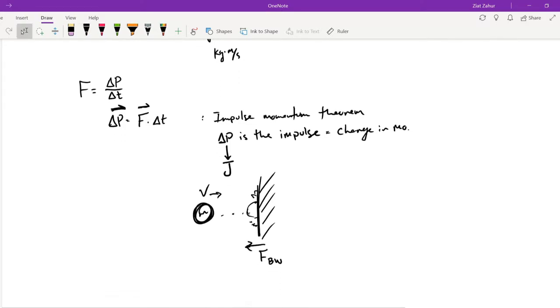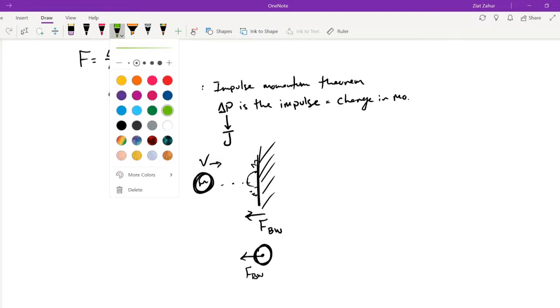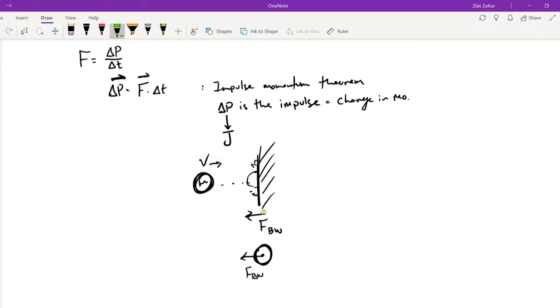Therefore, the impulse must be pointing that way as well. So if I did an FBD, we see that there's a force FBW on the ball. Newton's third law still kicks in, right? For every action, there's a reaction. So that means there's also a force on the wall by the ball.